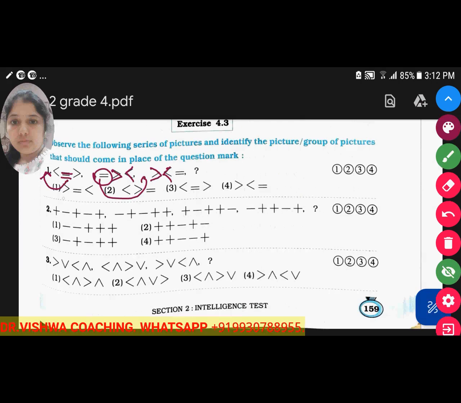So these two will face opposite direction, but the equal to sign will come in between them, according to me. Or they will face towards each other and the equal to sign comes in between them, because in each pattern their direction is changing. So the third is the option here. Okay.